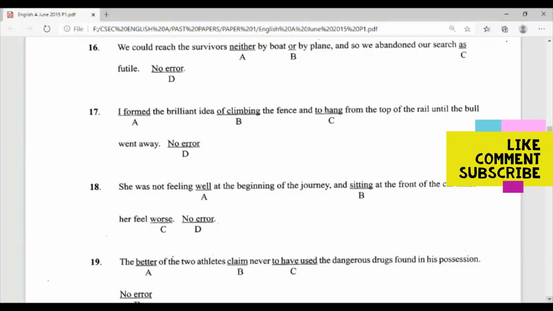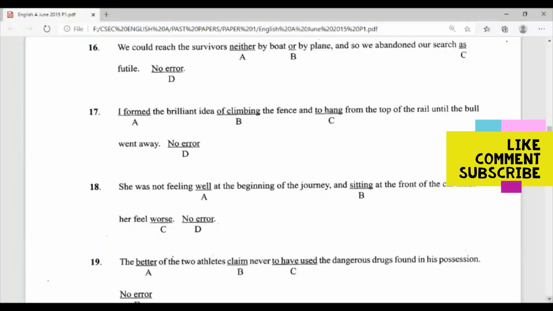In this case, unlike in 17, the verbs did not immediately follow each other with an and, a joining word. Here we have a separate clause, and then we had another part of the sentence. And so when this and is here, after the comma, we're pretty much starting another clause of the complete sentence. So she was not feeling well.